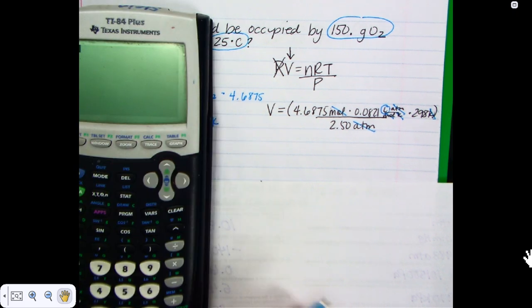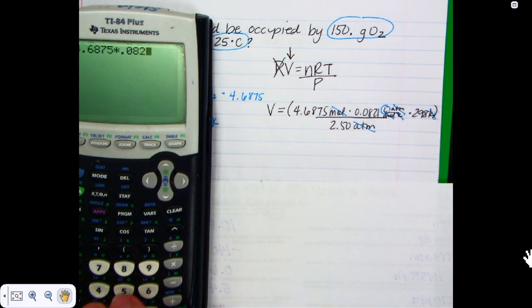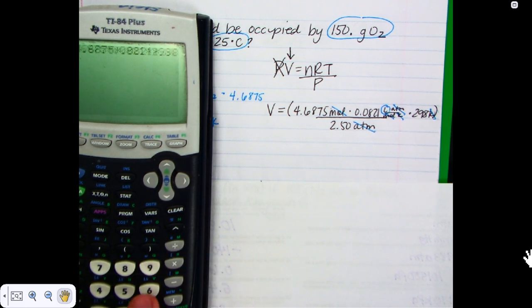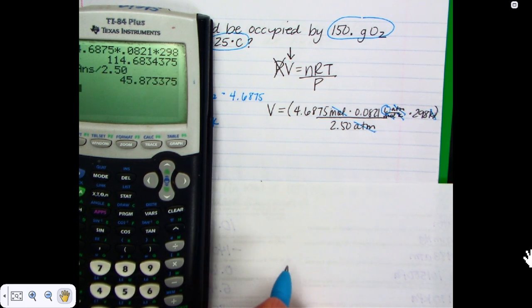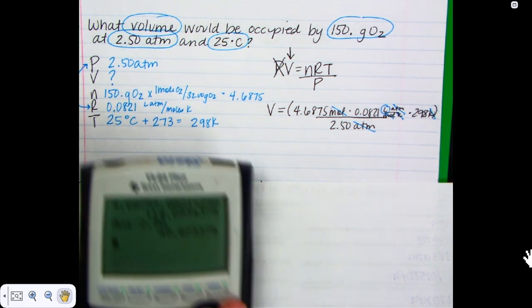All right, so 4.6875 times 0.0821 times 298 divided by 2.50. And that's going to give me 45.87. And I'm going to look at my original sig figs. Looks like the smallest initial number of sig figs is 2.